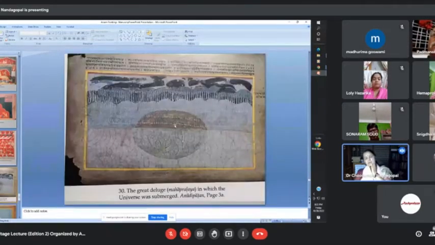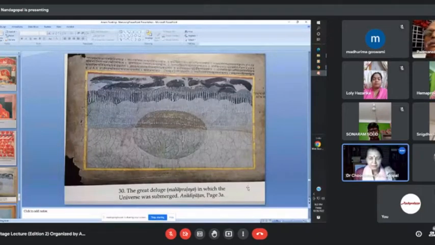Now, this is a very interesting painting. When you look at this, you feel that this must be an abstract painting, a contemporary painting, not a 17th or 18th century one. So this is the deluge, Mahapralaya. The entire earth is almost underwater. So the universe is submerged in the text of Anadipatan. They have not disturbed the painting anyway. They have used the text only on the top.